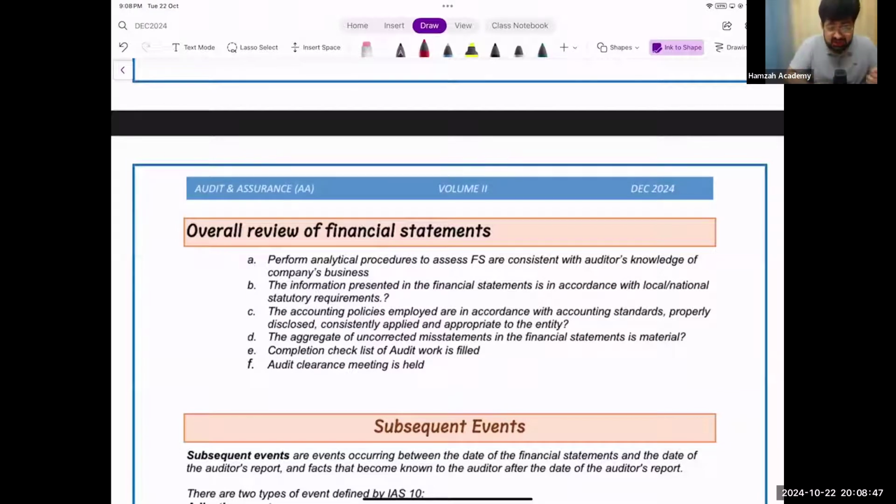He or she has audited the financial statements in detail already. And now at this stage, the auditor wants to check what is my actual perception about the company based on my audit work, and now what the financial statements are showing.